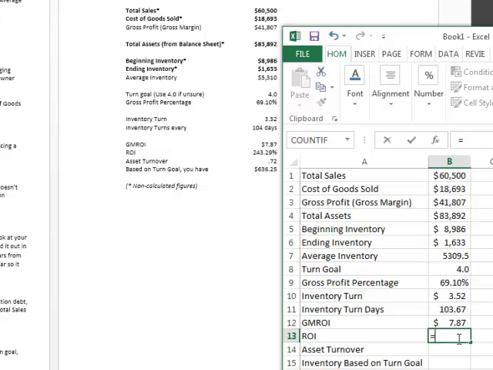That's pretty good. Return on investment equals our turn times, remember this one's a multiplication, our gross profit percentage, 2.43. To put this into a percentage, 243.29. Asset turnover equals total sales divided by total assets.